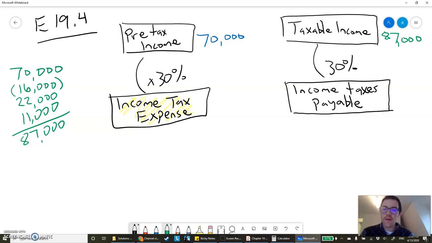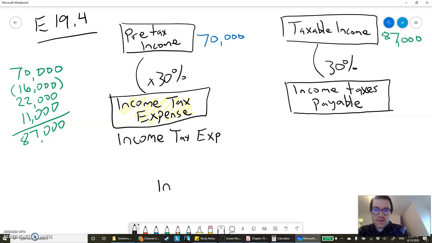Let's just try and do the journal entry here. The journal entry is always going to be like this for these problems, guys. Income tax expense. We'll leave a couple spaces. Income taxes payable. It's like a sandwich.